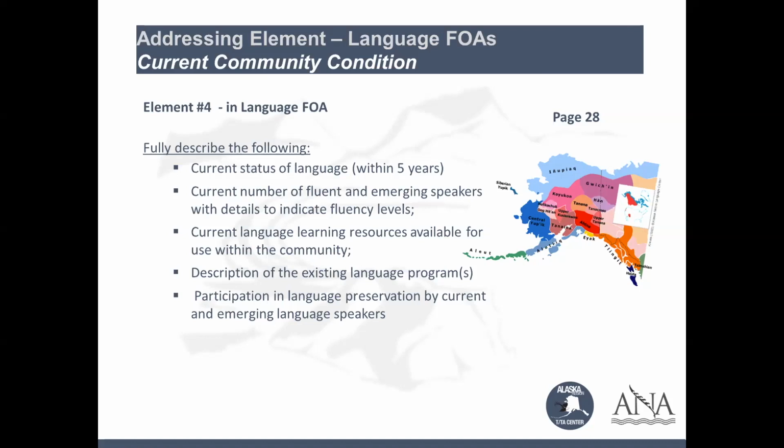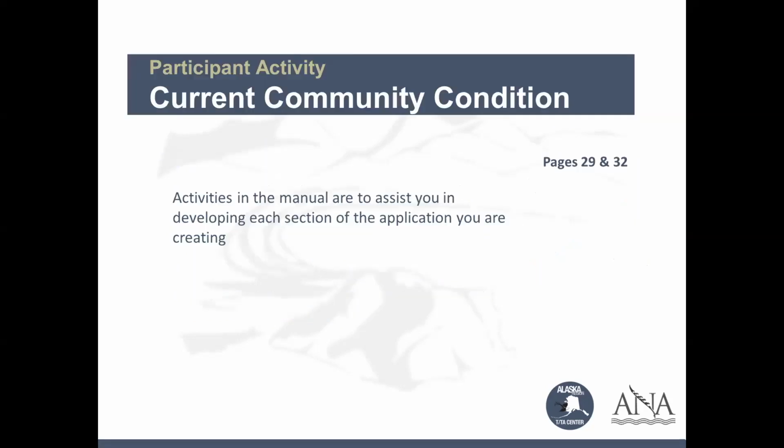Describe your language programs as they exist today, and what is the level of participation by current and emerging language speakers. And the activities for the current community condition are on pages 29 and 32 in the manual.